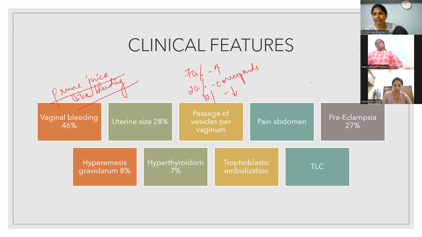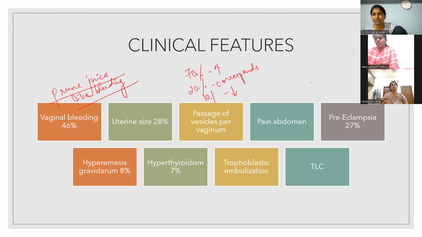Usually if there is necrosis and some of the material has already passed away, then clinically, if you measure the height of the uterus, 70% of the time there will be an increase in size of the uterus, around 20% it corresponds to the period of gestation, and about 10% of the time it is less.